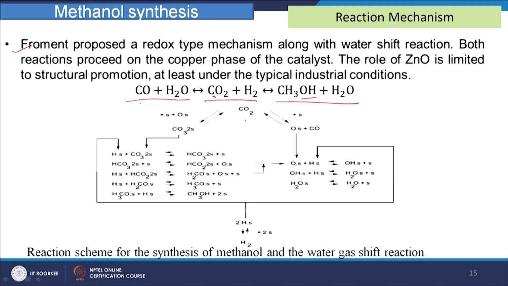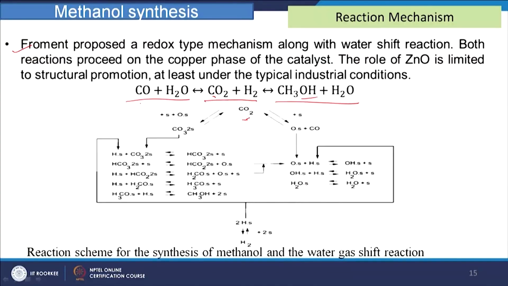So, here, carbon dioxide. What happens in this case? You are using your syngas and it is going through the catalyst bed. Diffusion of the gas molecules through the pores is the first step, then active sites are there in the catalyst.